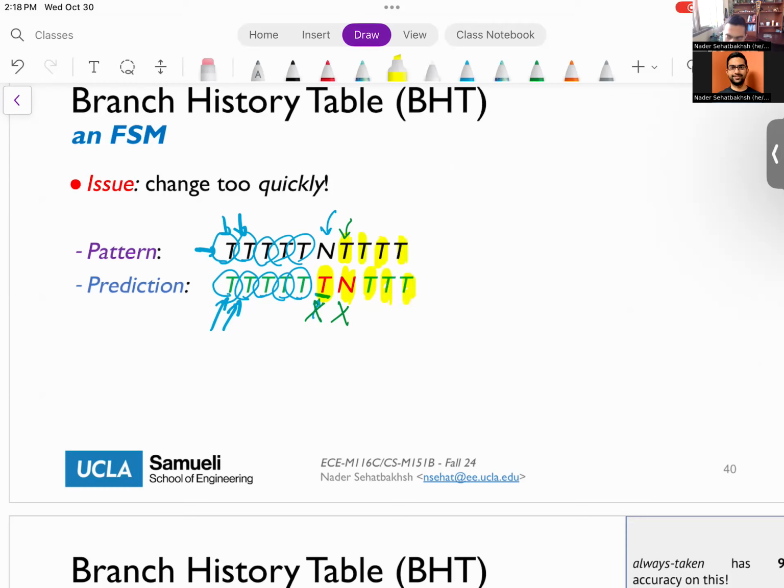So what I'm trying to tell you is that based on the current state, we make a prediction, and based on the outcome, we switch if need be. But with one bit, this switching happens very quickly. As soon as we see a not taken, we switch to the not taken state, and as soon as we see a taken, we switch to the taken state. In other words, our one bit changes very quickly based on the outcome of the branch.